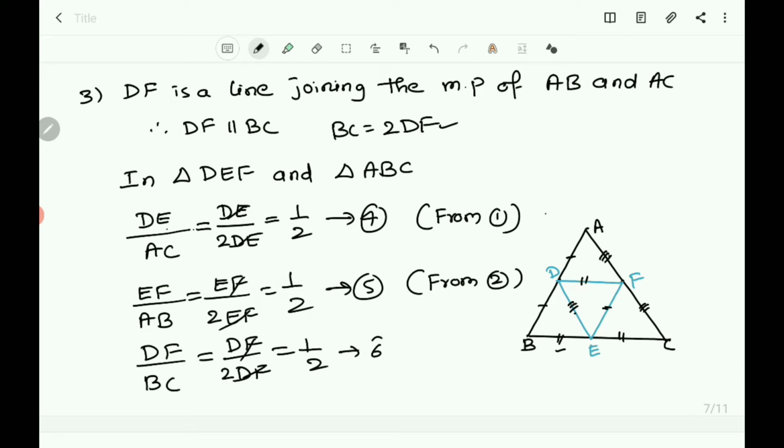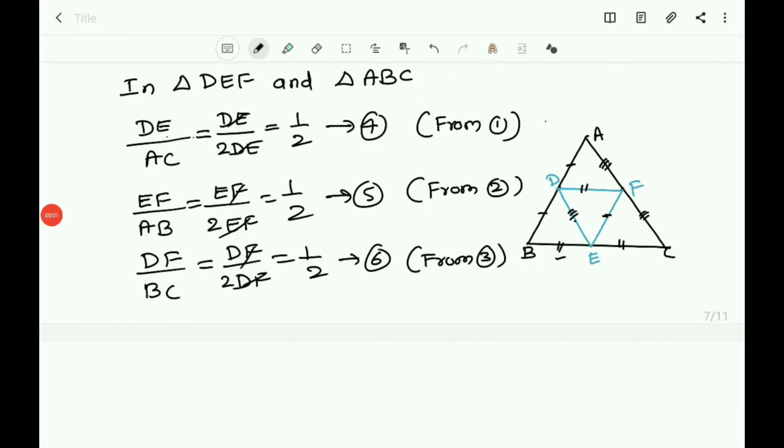That is the sixth, from the third. So the first ratio DE by AC is DE by 2DE, which is 1 by 2. EF by AB is EF by 2EF, which is 1 by 2. The third ratio DF by BC is DF by 2DF, so 1 by 2. From the fourth, fifth and sixth.